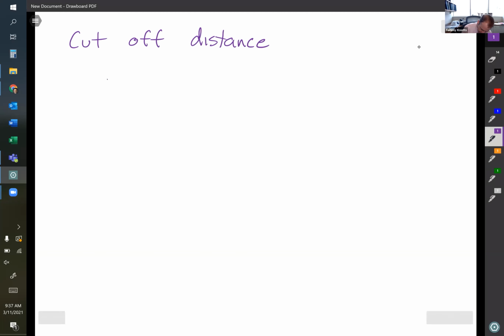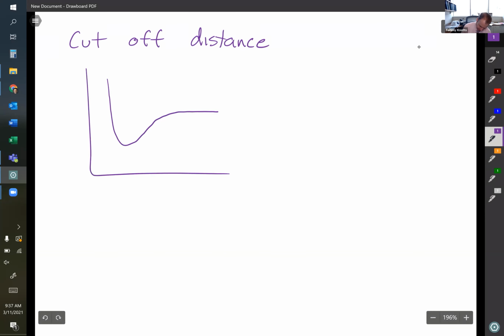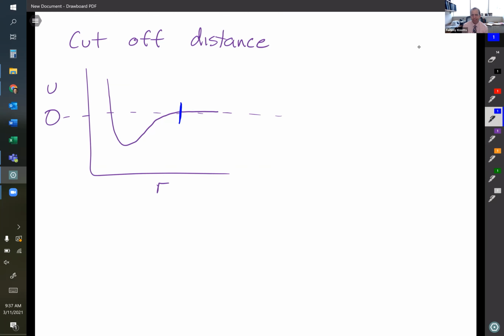The reason this works is if I draw the Leonard-Jones potential between two particles, you'll notice that eventually it goes to 0 at long distances. So I select some sort of cutoff that's close to where it goes to 0. If U is 0 after that, I don't need to add a 0 to a number to get an energy, right?